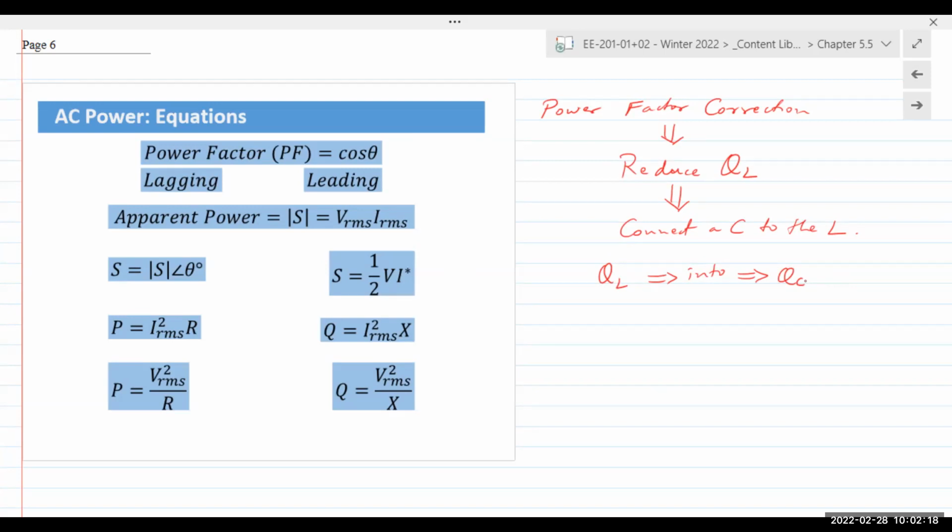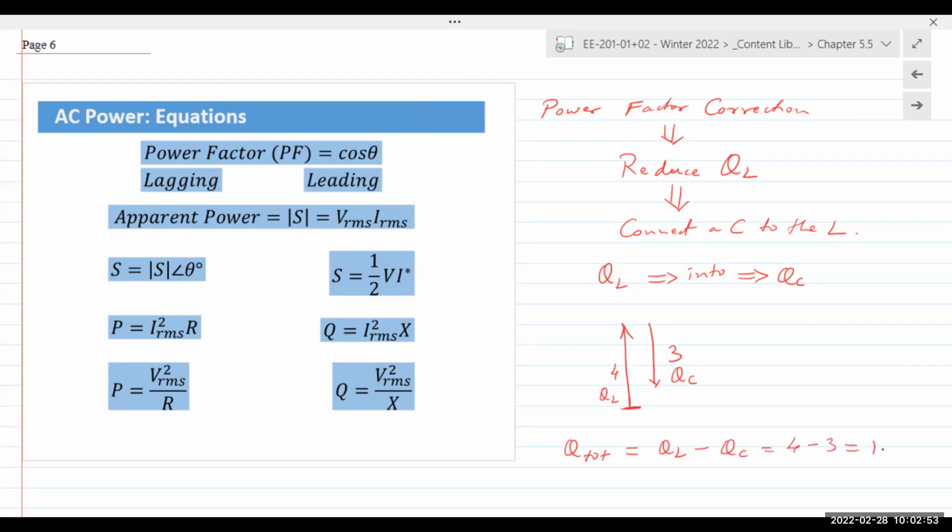These capacitors are huge in size. And so that would bring down the QL requirement. So if QL is, let's say, 4 units, and you connect a QC of 3, now your total Q requirement is QL minus QC, 4 minus 3, which is 1.